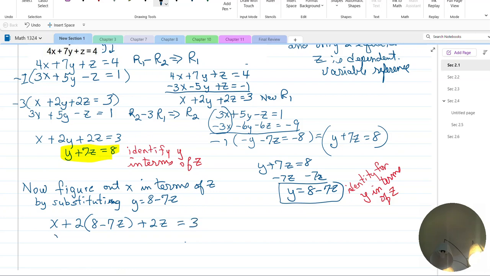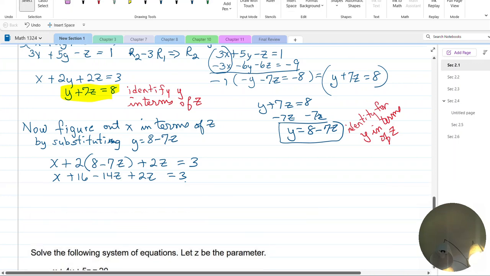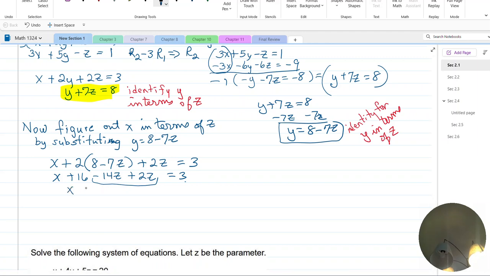I'm going to use the distributive property: x plus 16 minus 14z plus 2z equals 3. I'm going to combine like terms. So I have x plus 16, and this is minus 12z equals 3. I'm going to subtract the 16, and that gives me x minus 12z equals negative 13.